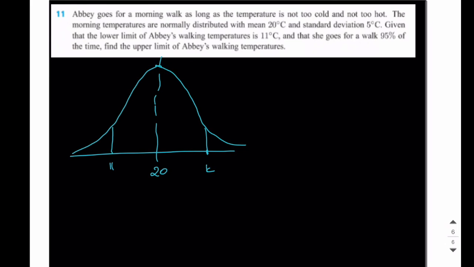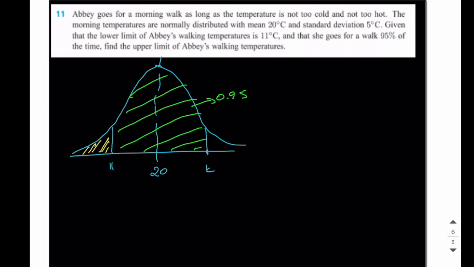We know that between 11 and K is 0.95. Alright, so how we're gonna do this? First we're gonna find this situation here.